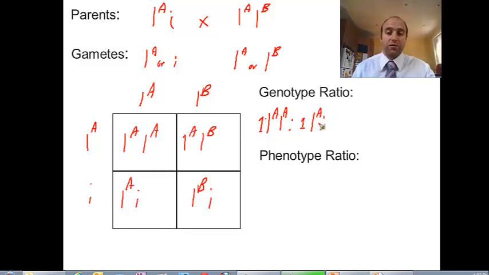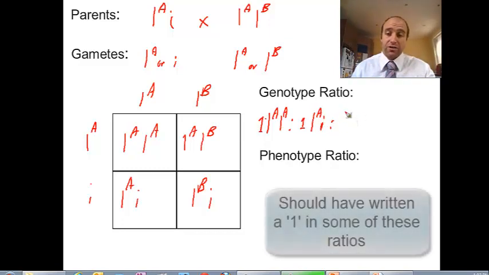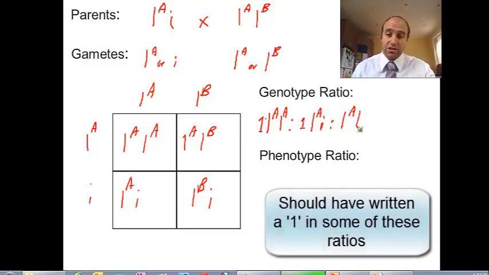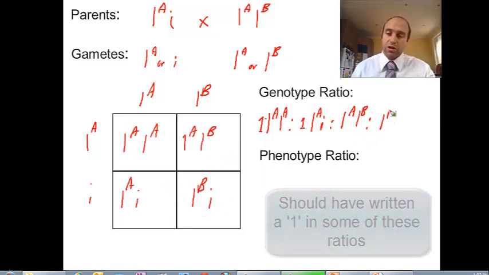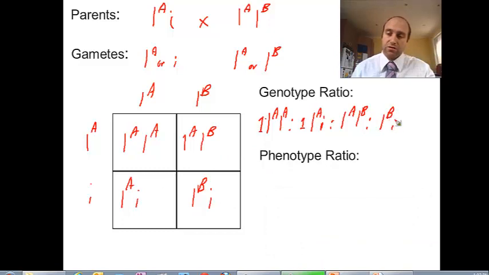Getting a little messy, aren't we? Now, we have one individual who's heterozygous with 1A and 1B, and one individual here who is heterozygous for B.